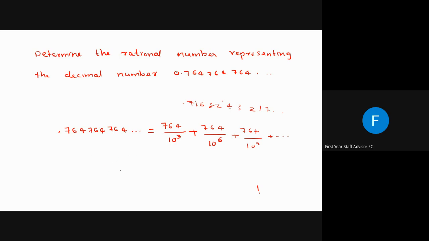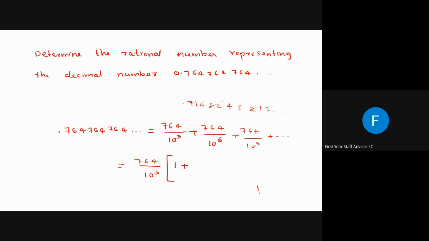So here take 764 divided by 10 raised to 3 as common.